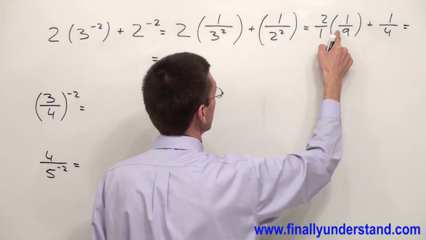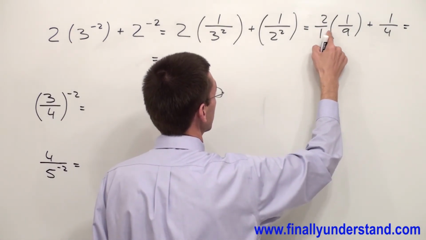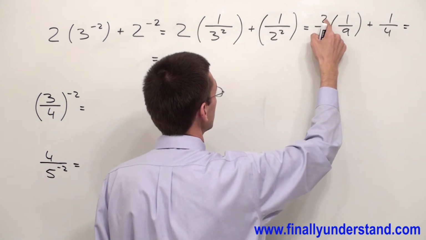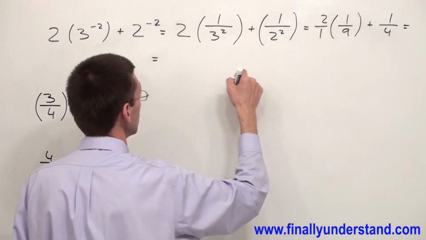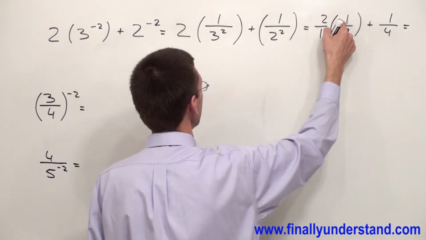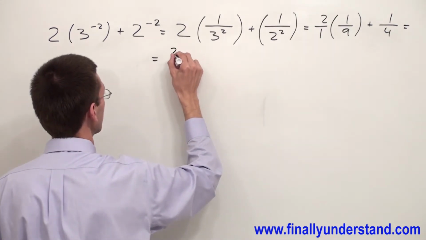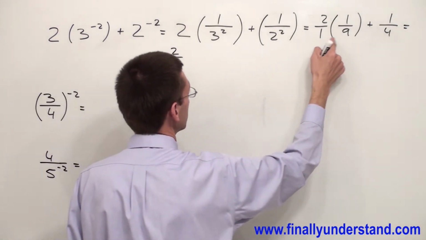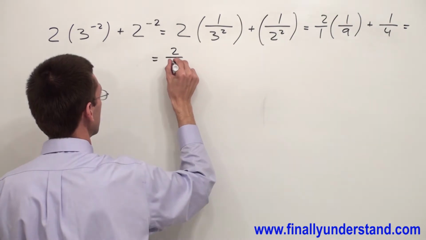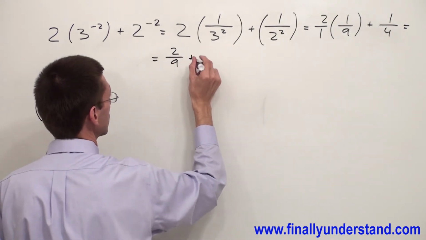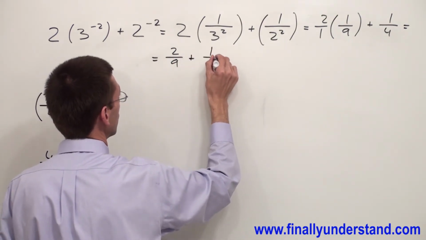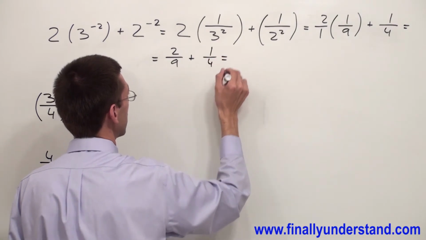Anytime we have multiplication of fractions, we have to multiply numerator by numerator and denominator by the denominator. 2 times 1 gives me 2 over 1 times 9 gives me 9 plus 1 over 4. I have 2 fractions.